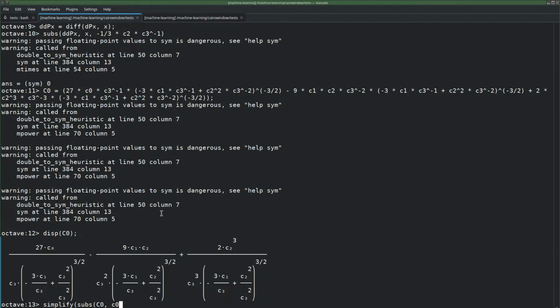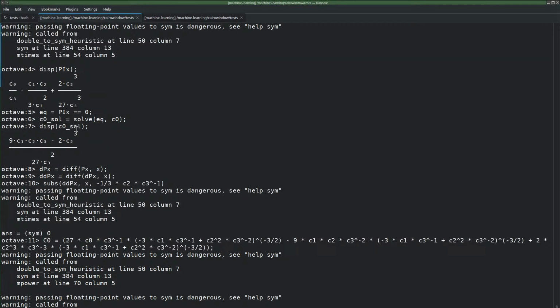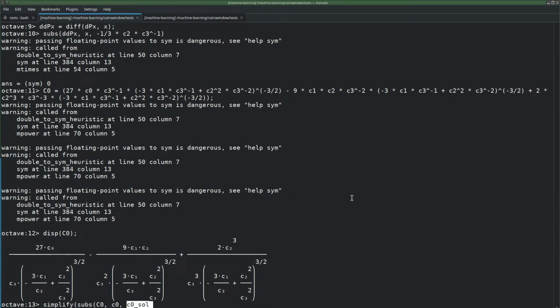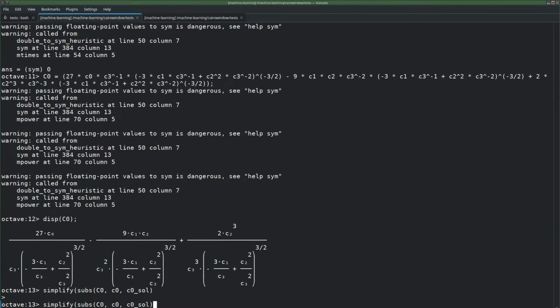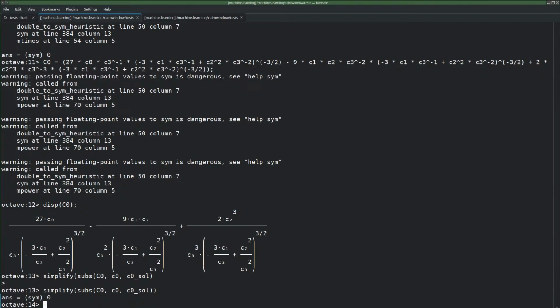Yeah, that's exactly one C0 here with the solution. And it is 0.